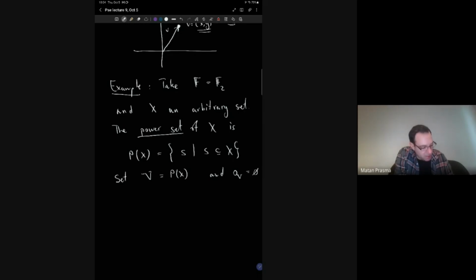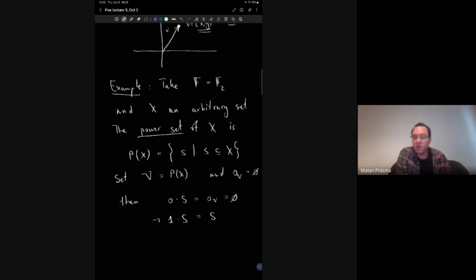It's a subset of X, so it's an element in V. Then for multiplication by a scalar, I really have no choice because 0 times any vector needs to be 0. So 0 times S is going to be 0_V, which is the empty set. And 1 times S, again, I don't have any choice because 1 times any vector in a vector space is the vector itself. So it's S.